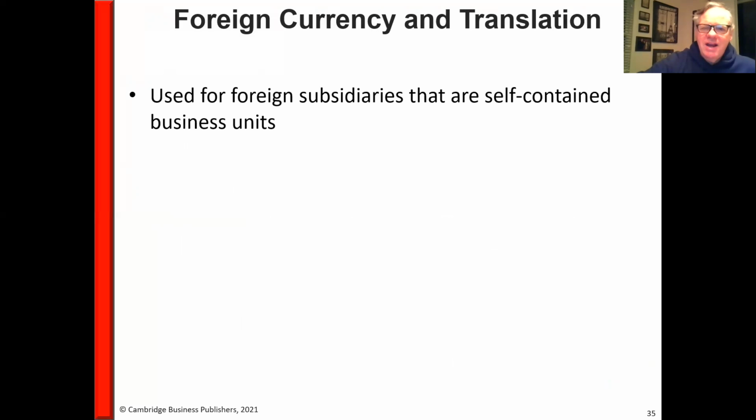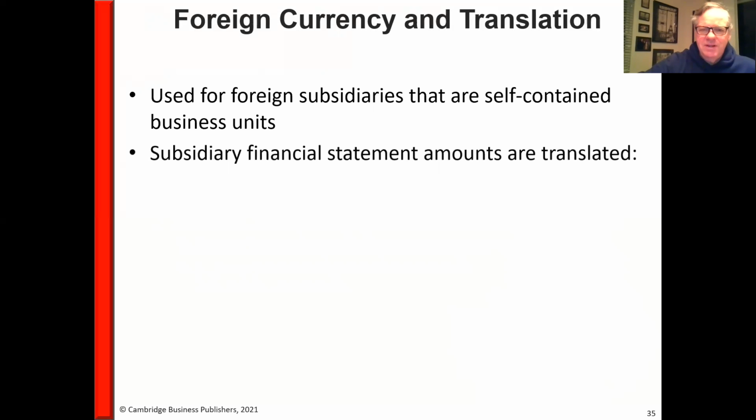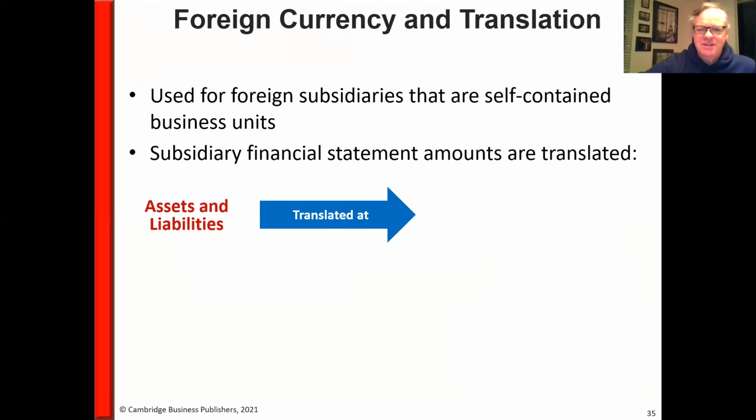All right, so if we've got a foreign subsidiary and they're self-contained business units, we're going to have these currency gains and losses. And we're going to have to translate the financial statements that are denominated, say, in pesos. We're going to have to convert those to dollars. And the question is, when you convert them, what rate do you use? Well, the answer is it depends.